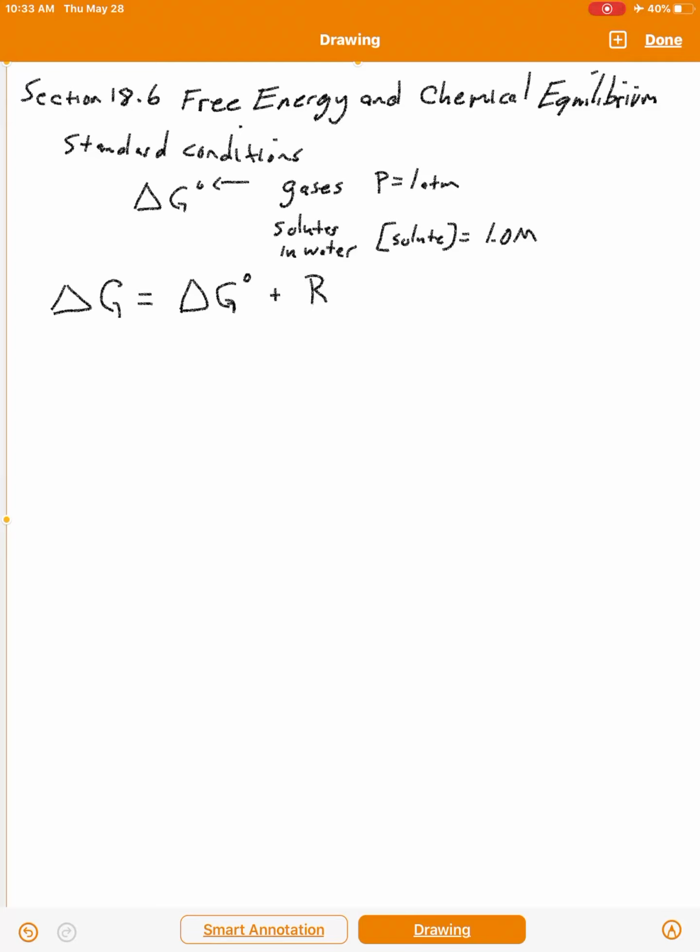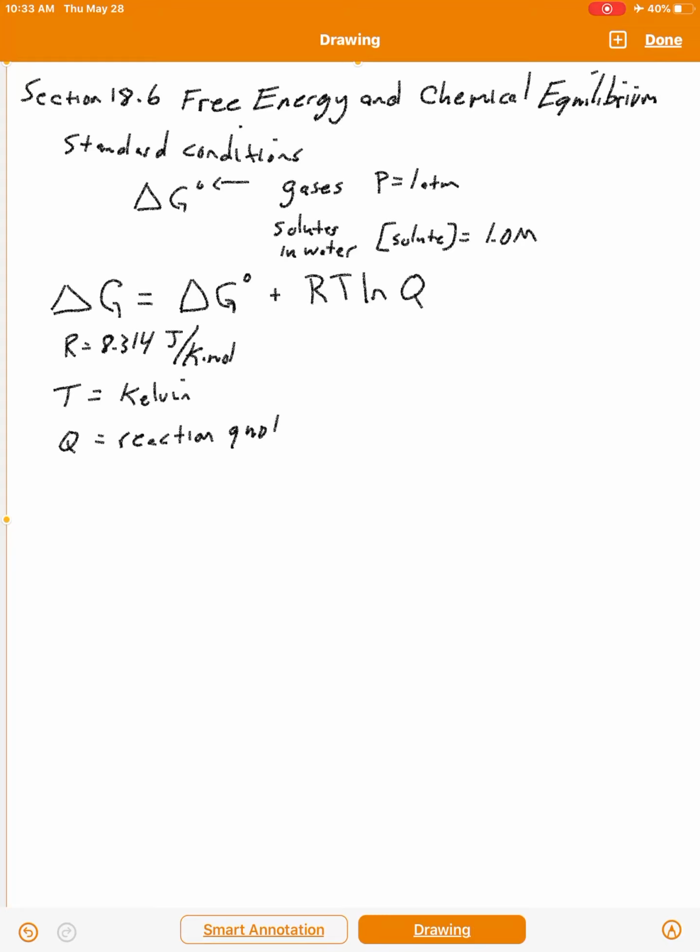The adjustment factor is RT ln Q, where R is the universal gas constant, which we know is 8.314 joules per kelvin mole. Temperature should be in Kelvin, and Q is the reaction quotient.